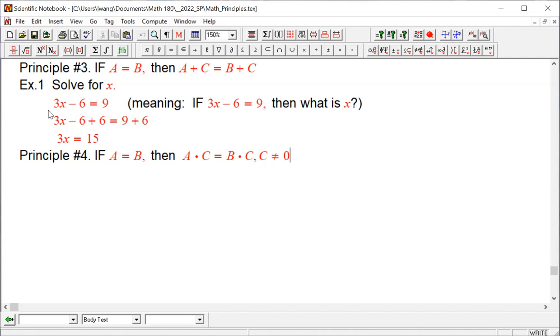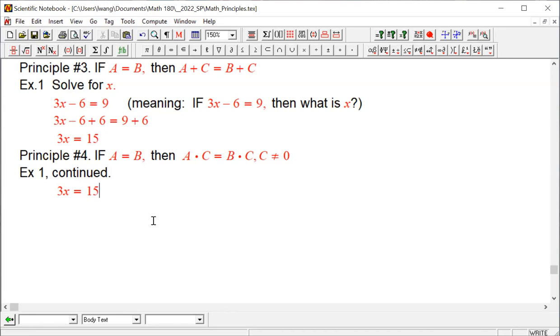So now let's complete the question we had in exercise 1. Example number 1, continued. If 3x is 15, then what can we do? We can apply principle number 4, which is to multiply both sides by the same non-zero number.